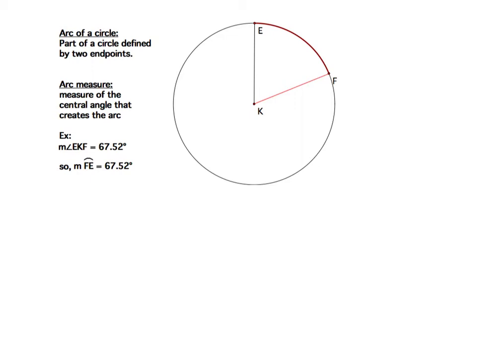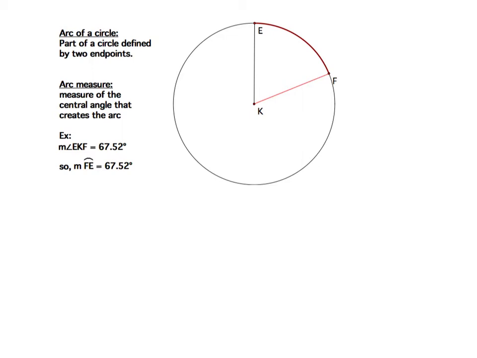And later we'll talk about how to actually find the length of just part of this arc, what we would call the arc length. Here we're going to talk about the arc measure. So two things for you to make sure you keep straight. The arc measure versus the arc length. The arc measure is just the measure of the central angle that creates the arc.